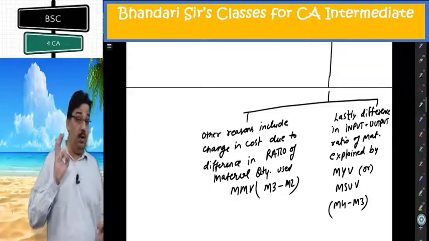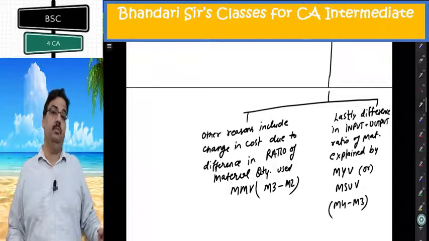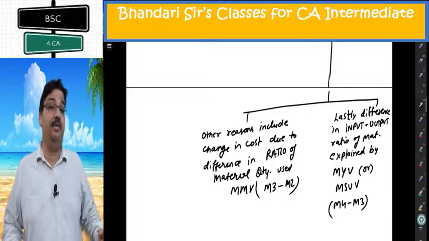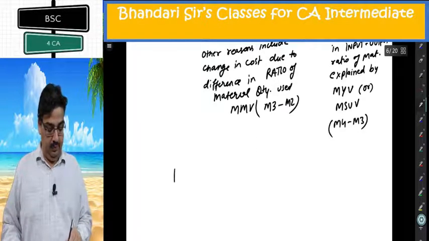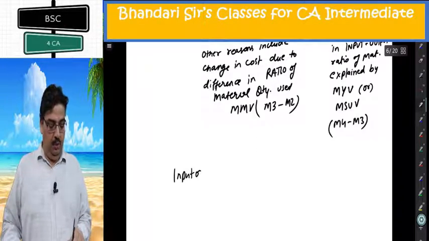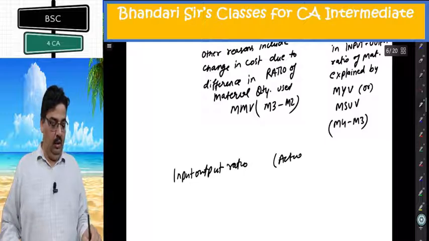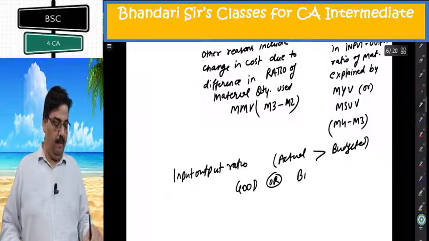If my input output ratio actually is higher than budgeted, will there be positive yield variance or negative? My question is, concentrate on the question. Input output ratio actual is higher than budgeted. Good or bad?